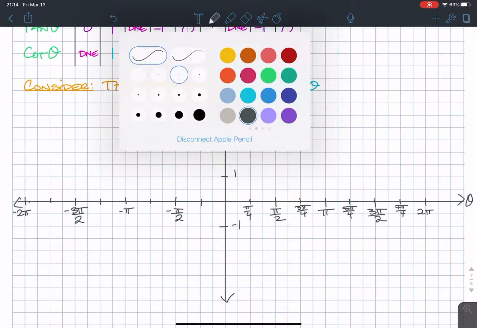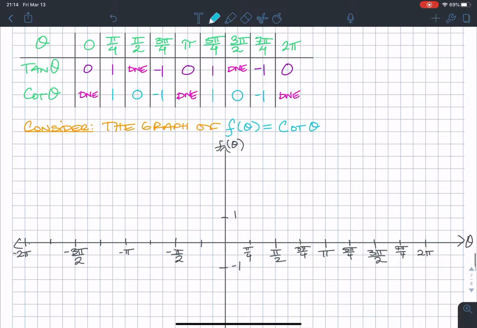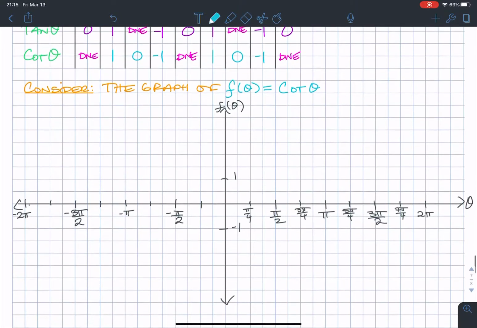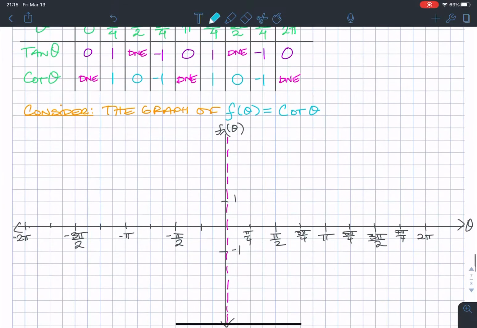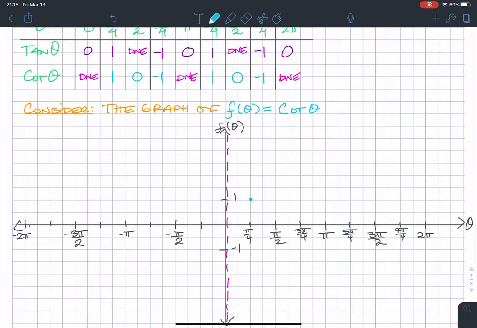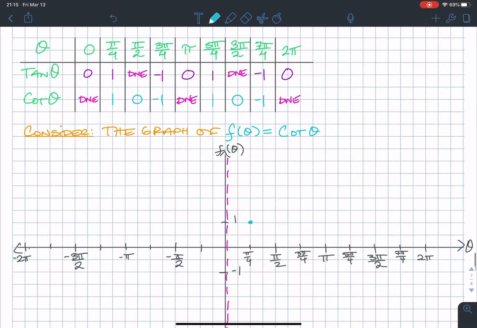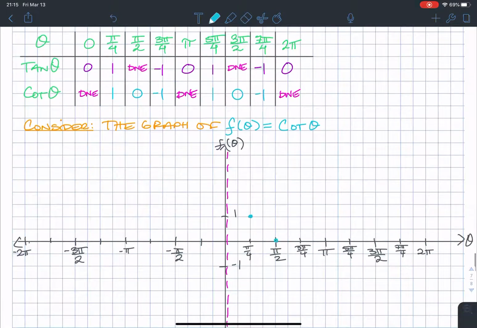Okay, so now let's see what happens. Cotangent of 0 does not exist, meaning I'm dividing by 0. So therefore, that is a vertical asymptote to the graph of cotangent at 0 radians. Now, let's go on to cotangent of pi over 4, and it looks like it's positive 1. Cotangent of pi over 2 is 0. And cotangent of 3 pi over 4 is negative 1.